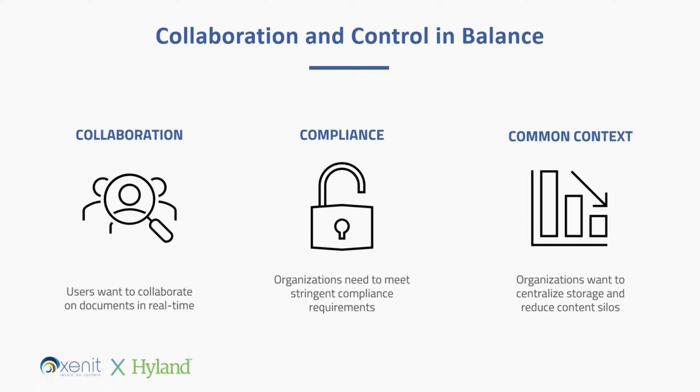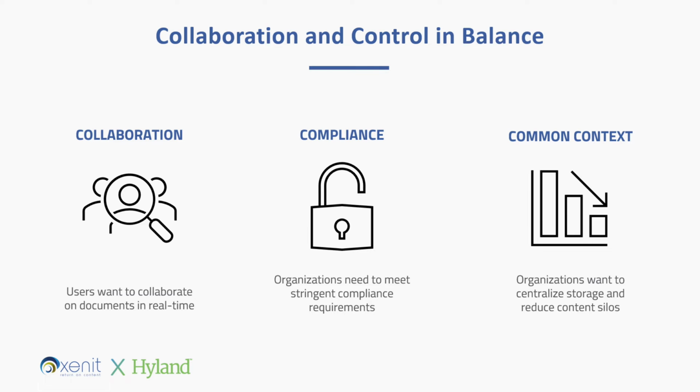So we talked about the collaboration. Of course, you want to collaborate in real time, but also you want to have compliance and to strike the right balance. There are compliance requirements, and there is a common control need. Whatever happens when your content goes over different layers, you want to know where it is and how to manage the life cycle of your documents.